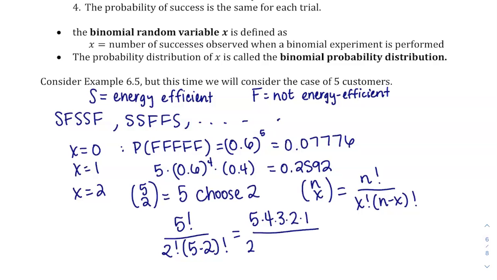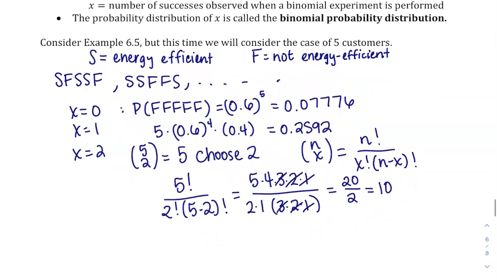And then 2 factorial is 2 times 1. And then 5 minus 2, that's 3. So 3 factorial will be 3 times 2 times 1. Now, you can get a little bit to cancel. You'll always have some that will cancel. And so here, the numerator is 20, the denominator is 2. So there are going to be 10 different ways for you to have exactly 2 successes in this event that we're looking at.